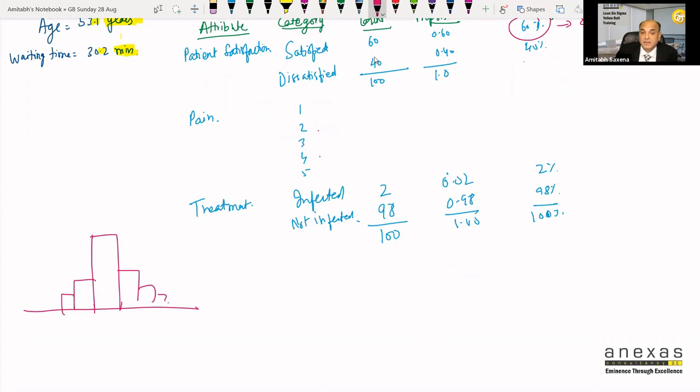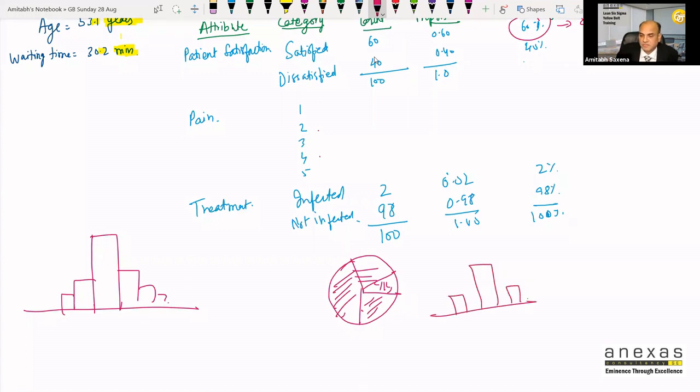And when I am looking at the attribute data, I can make a pie chart. Pie chart like satisfied, dissatisfied. If I have got 5 categories, I can have how many are satisfied, how many are highly satisfied, how many are very highly dissatisfied, how many are neutral, etc. Or I can make a bar chart. So bar charts, pie charts for attribute data, and histograms for continuous data.